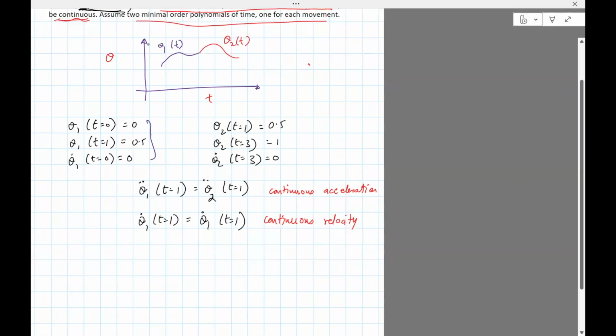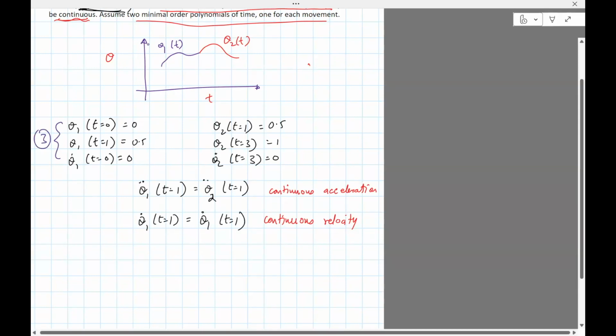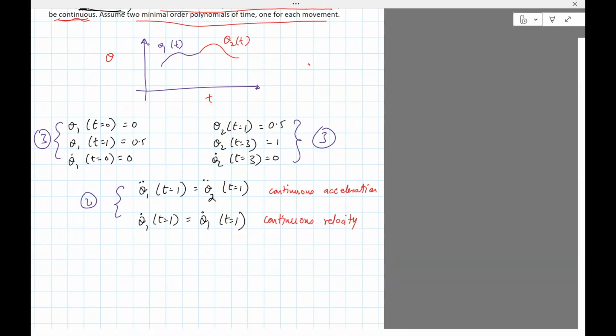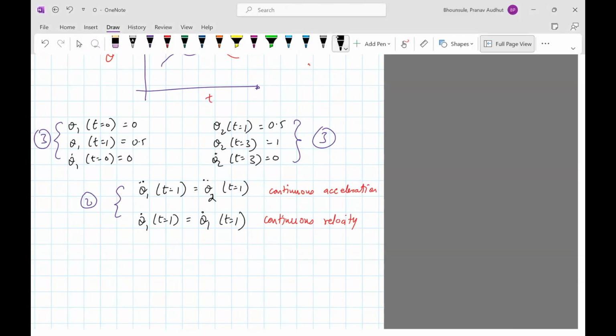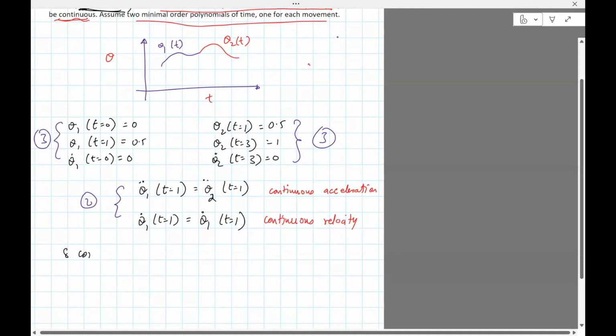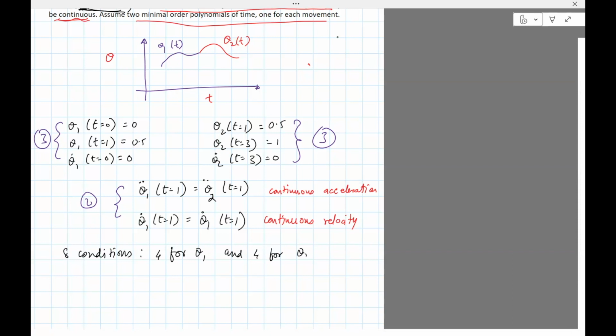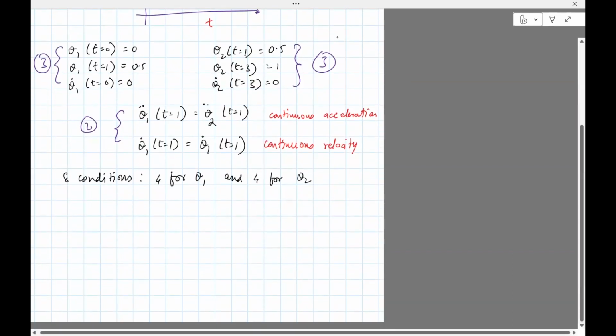Okay, so what we have here is two conditions on... so we have 8 conditions. That would be 4 for theta 1 and 4 for theta 2, which means that we have to do the same thing as before.